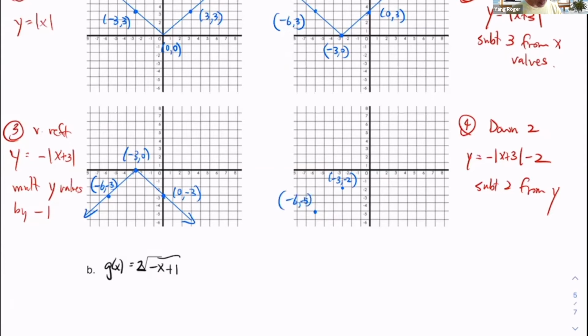And then we're going to get 0, -5. Let me graph that. Like this. Okay. And that's our final graph.